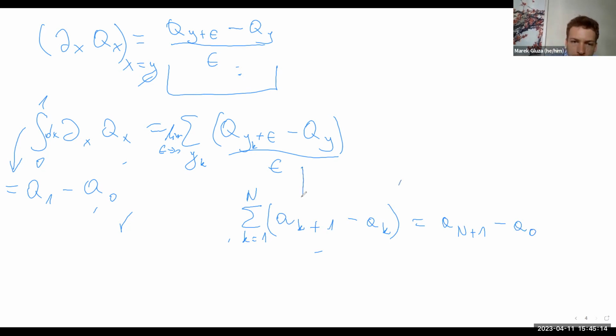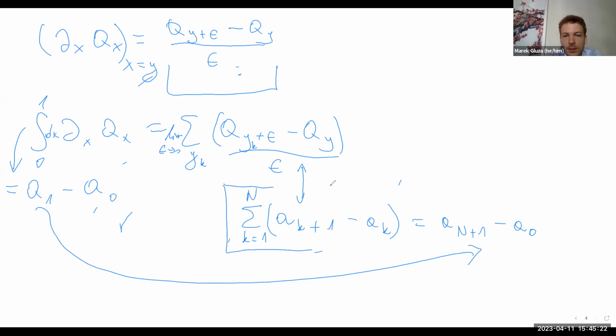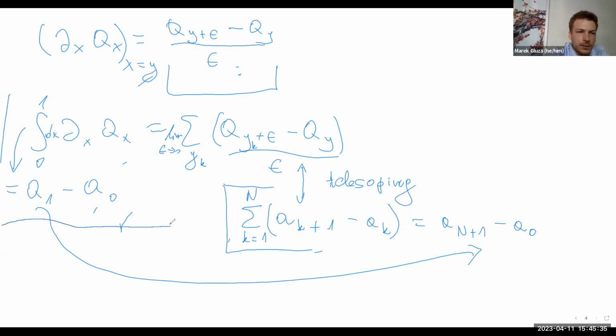And the idea is that this actually looks similar and this also looks similar, okay? So for a discrete sum, if we consider a telescoping sum, it works this way, that it gives us those values on the edge. So we can either consider the continuous case, which is the fundamental theorem of calculus, or we consider this telescoping.